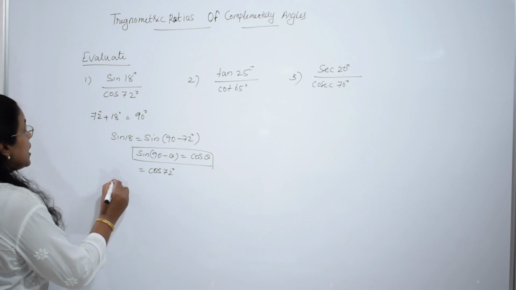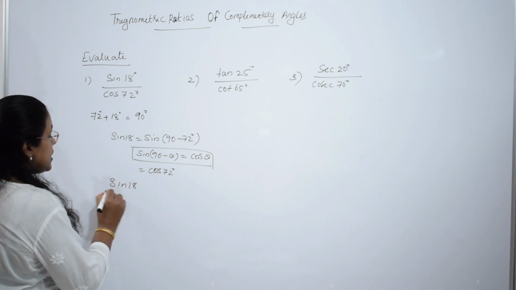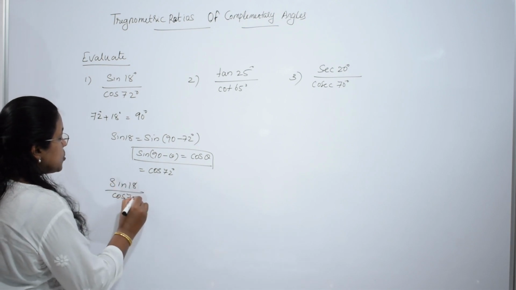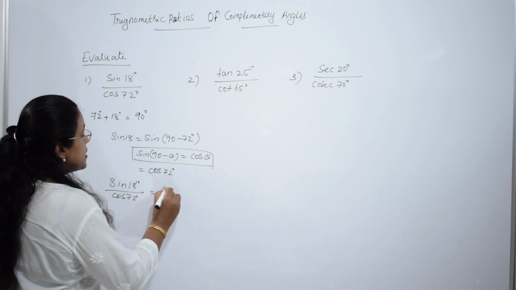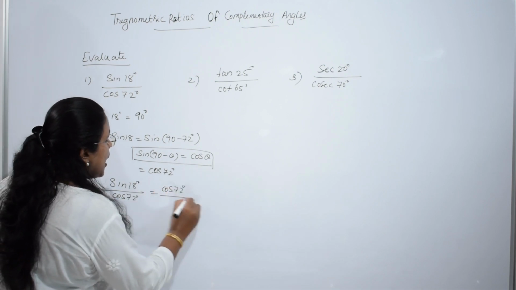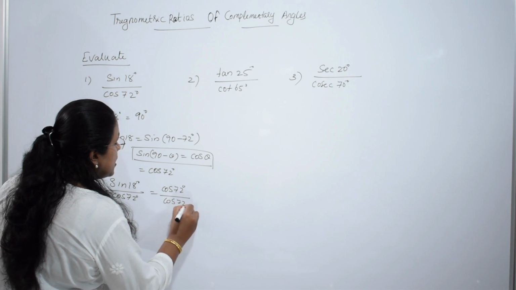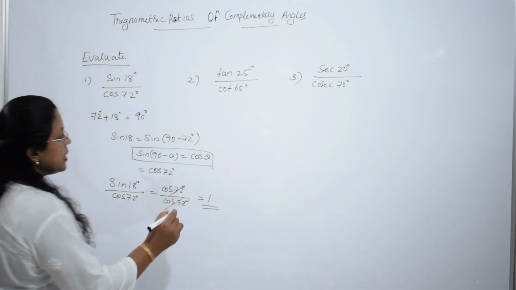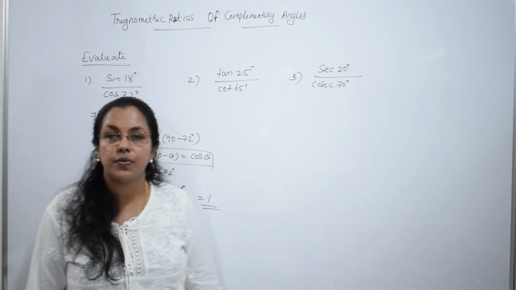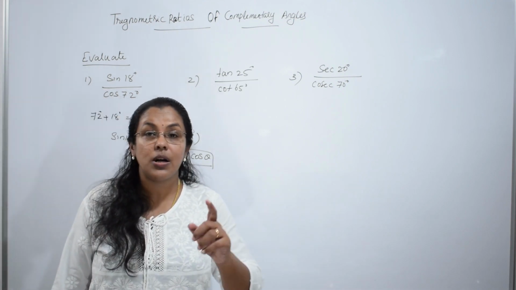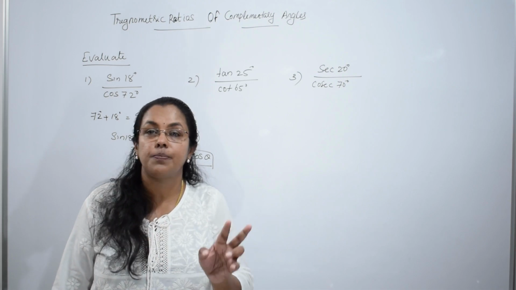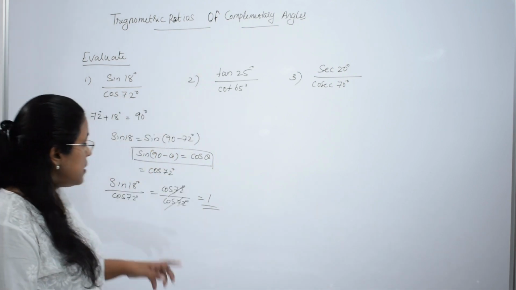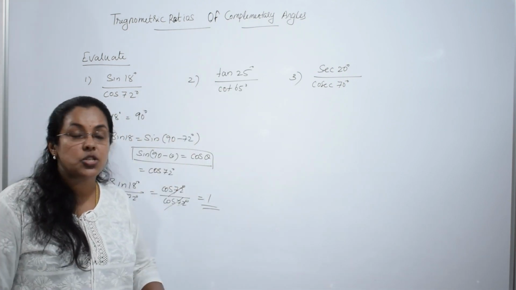So what is the final answer? Sin 18° upon cos 72° is the same as cos 72° upon cos 72°. Cancelling cos 72° and cos 72°, we get the answer as 1. Only change one of the ratios, not both. Okay? Then we will do the second question.